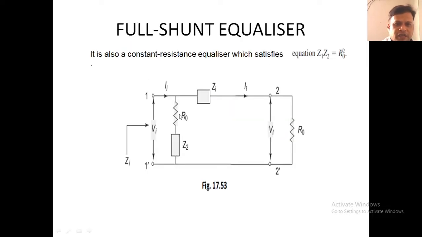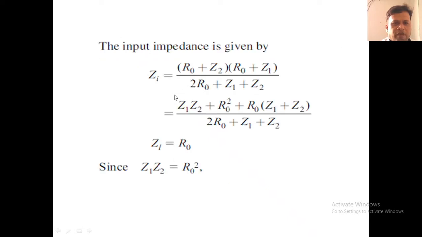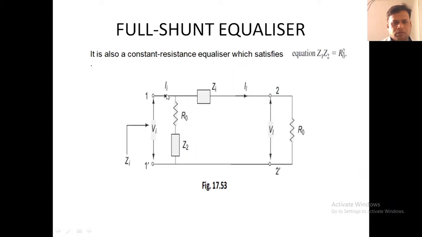If you add these things, R0 plus R0, these are all in series. This is in series and this is in series, but at this point you have a parallel division. So, doing this one as series and this one as series, next making them parallel.